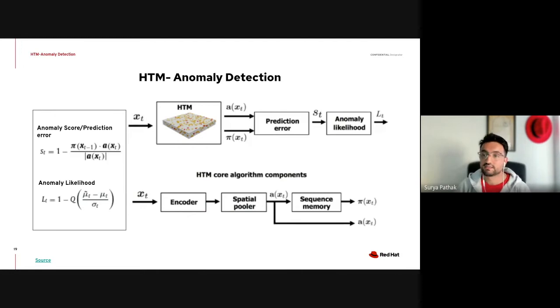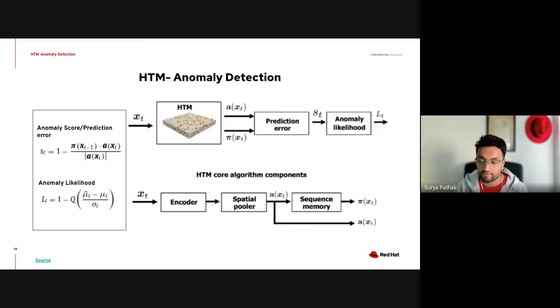Next, I'll explain the flowchart of the anomaly detection used by HTM. For an HTM, we have the input xt. We convert that into the sparse distributed representation. It goes through the algorithm. It calculates the prediction error, which is also known as the anomaly score, which is basically the fraction of active columns which we are not predicting.